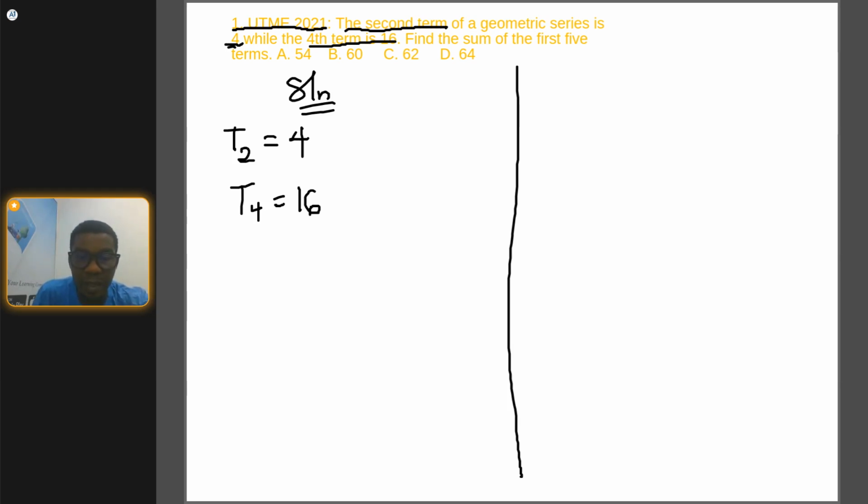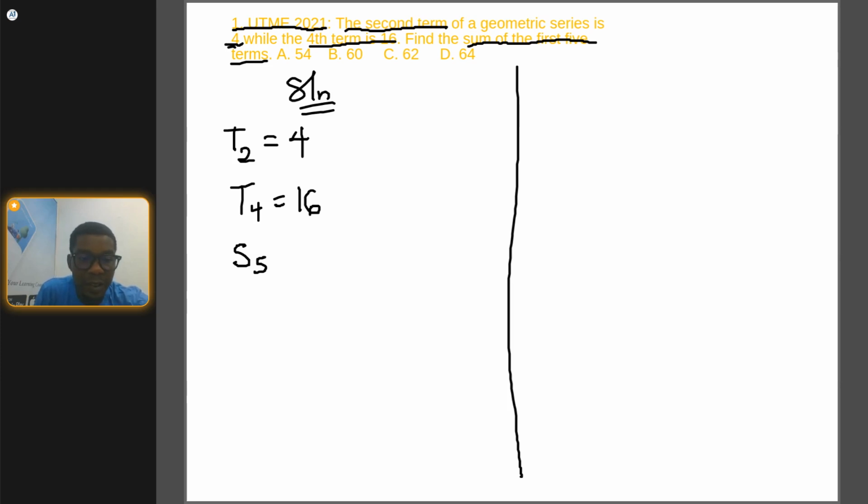The question says, find the sum of the first 5 terms. Underline the words sum of the first 5 terms. That is, we are asked to find X5. X5 means the sum of the first 5 terms, X for sum.